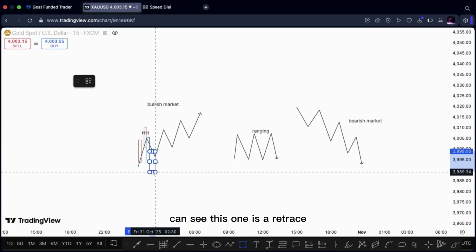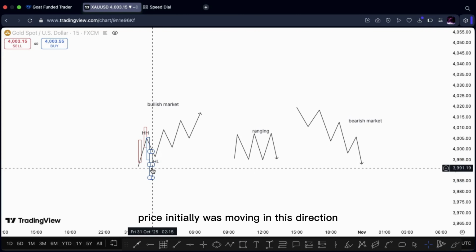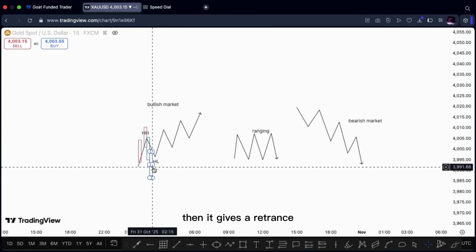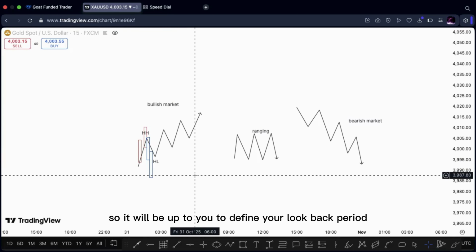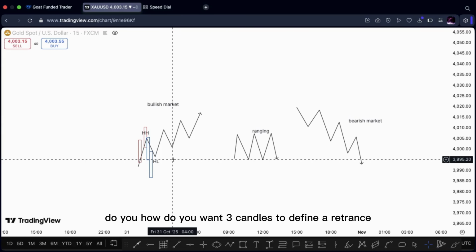You can see this one is a retrace. Price initially was moving in this direction, then it gives a retrace. So it will be up to you to define your look back period. Do you want 2 candles to define a retrace? Do you want 3 candles to define a retrace? That will be up to you.